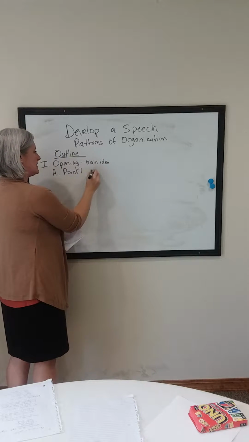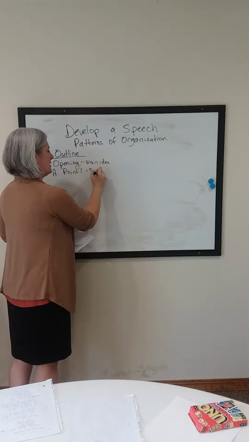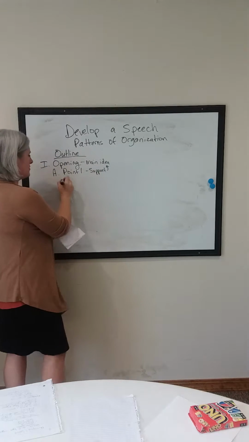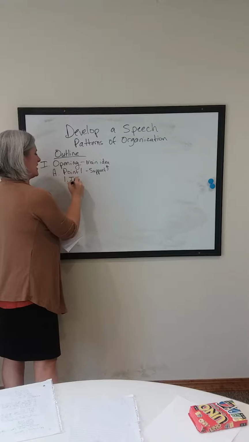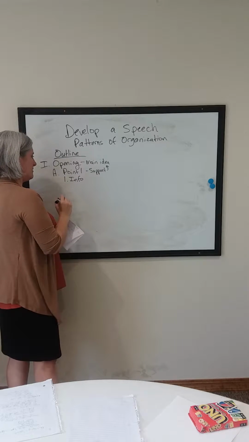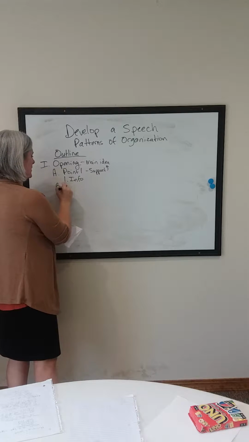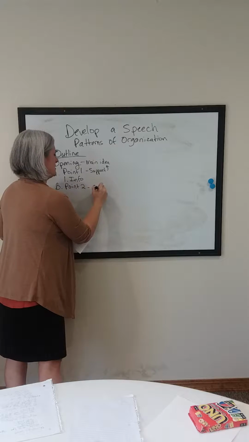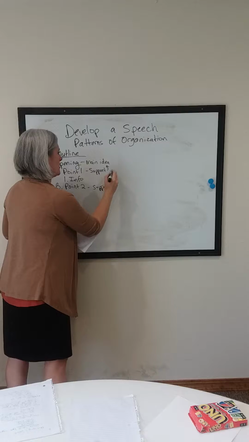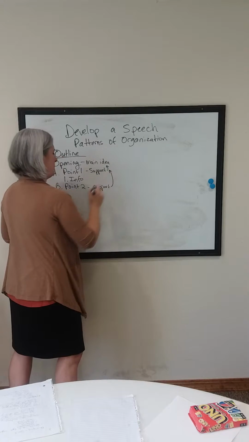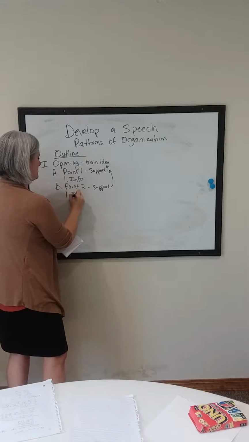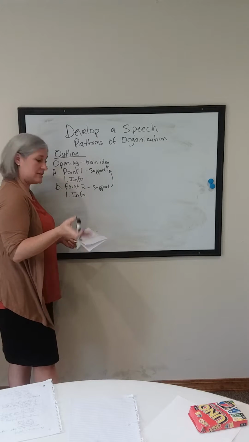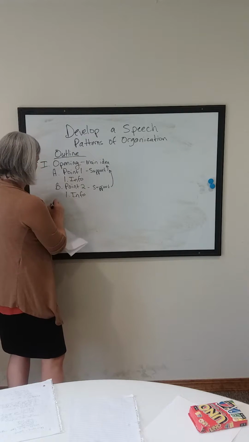Now this point is going to support that idea, okay? And then you might give some more extra info about that. And then we're going to have a second point that supports your main idea, okay? And some more info about that. And you can have a lot of different points, however many you need to communicate your idea.